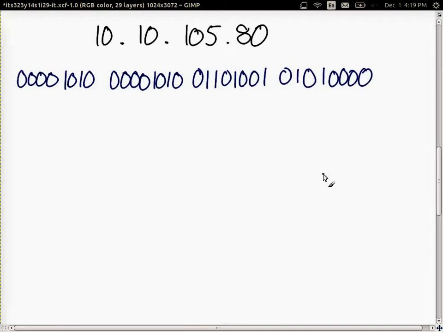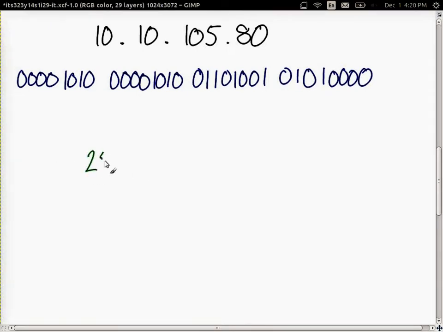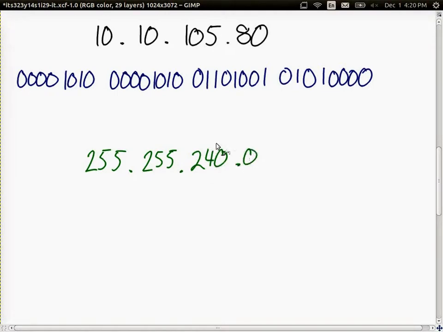Okay, and the subnet mask. The subnet mask, what was it? It was 255.255.240.0. Write the subnet mask in binary, but I suggest you line it up with the IP address.